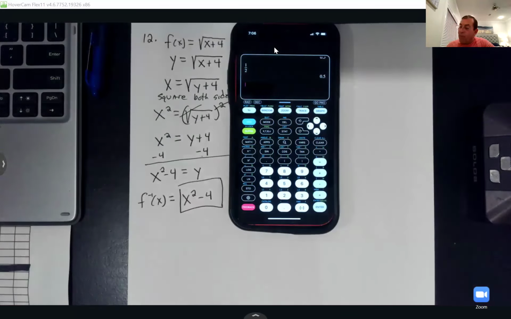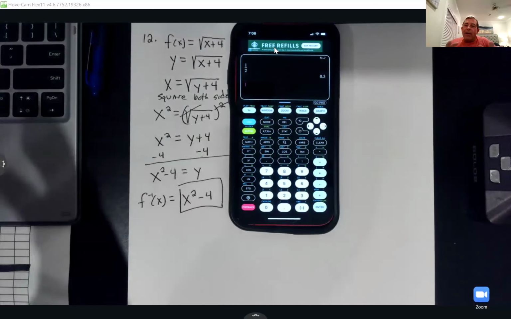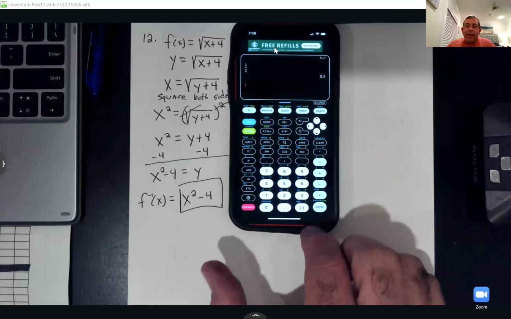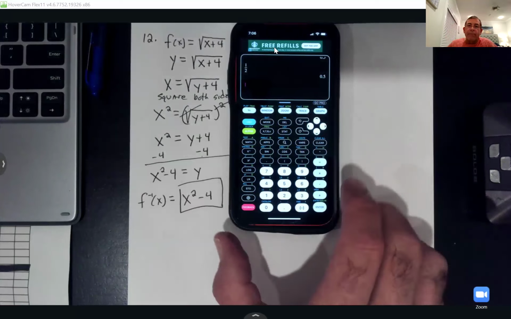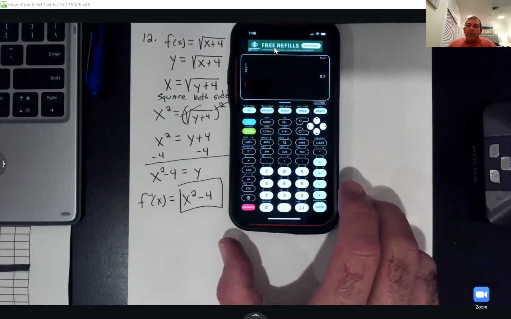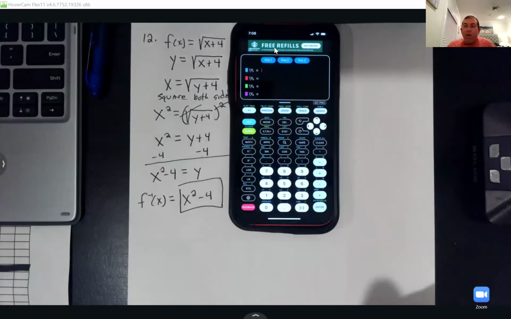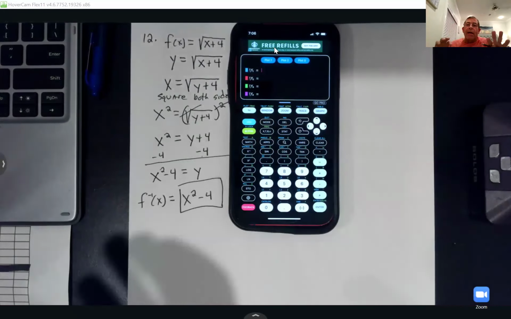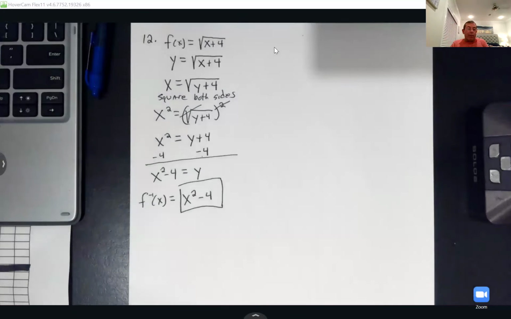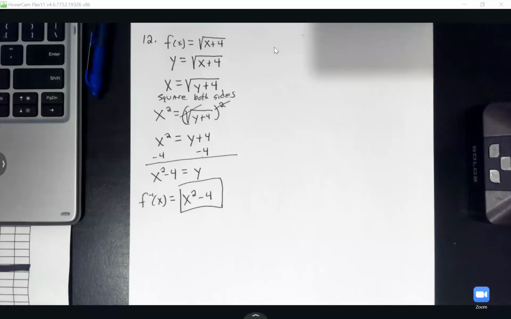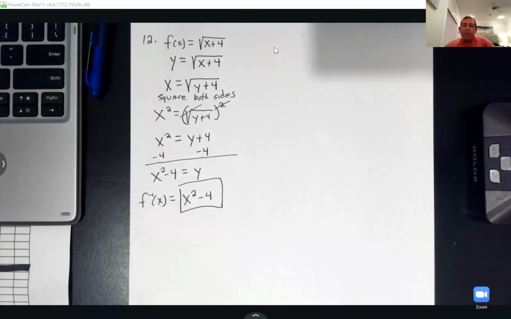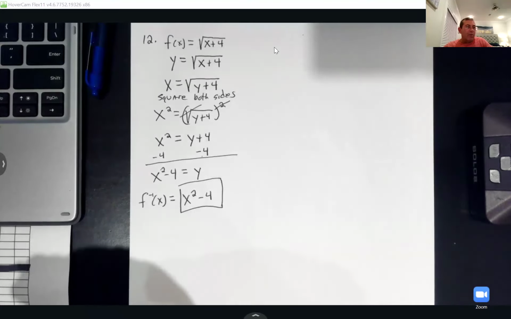And the Calculate 84 app is the same as the calculator I'm going to be showing you in class. So if you don't have a physical calculator, get one of these calculators out of your app store, okay? Because like I said, it does everything. I can graph on them. I can do everything I can on my TI-84, okay? It works the same as what we're going to be doing.